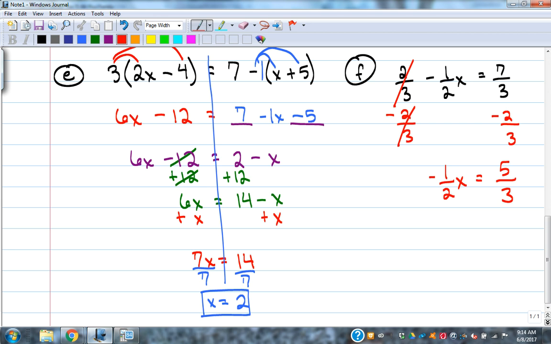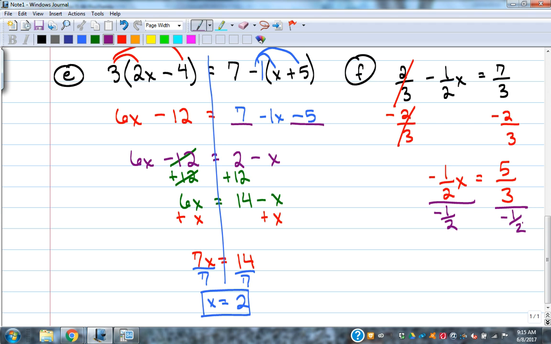Now, how do we get rid of the negative 1/2 in front of the x? What's going on between the 1/2 and the x? They're multiplying. So the opposite of that would be dividing. So we want to divide by the negative 1/2.